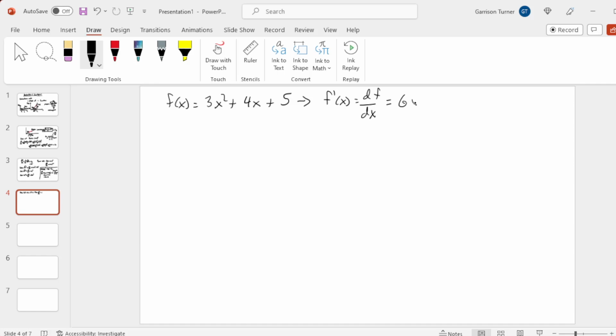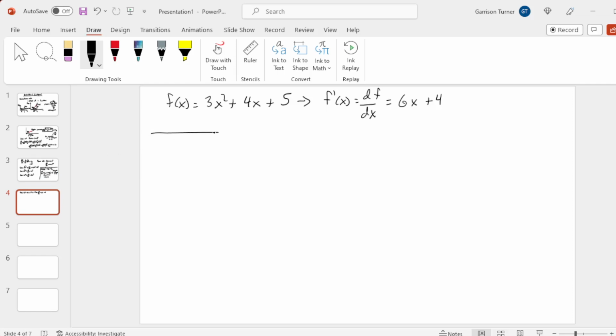This would be 6x plus 4. All right. And so this is by far the most important rule, is this power rule.